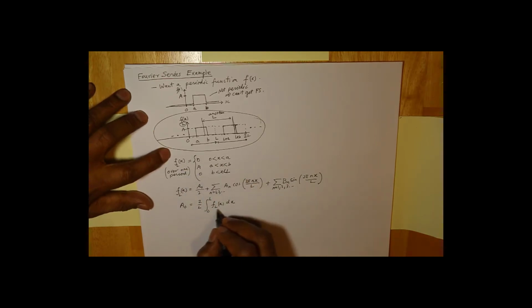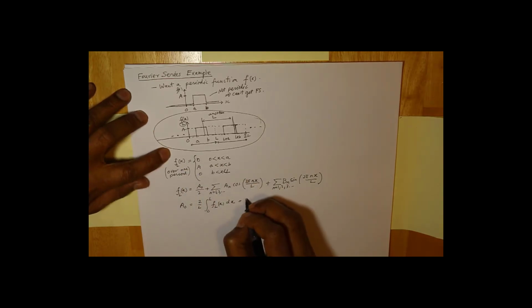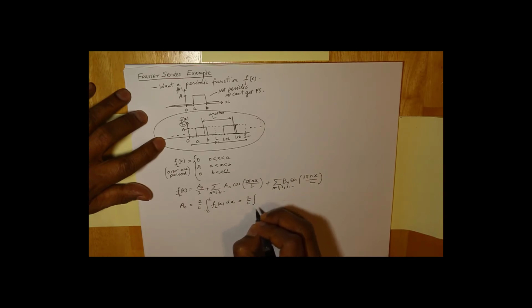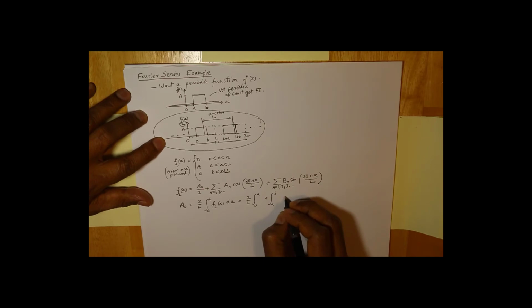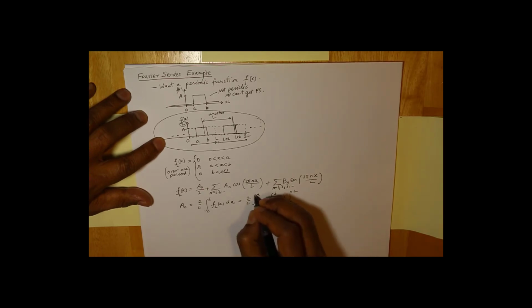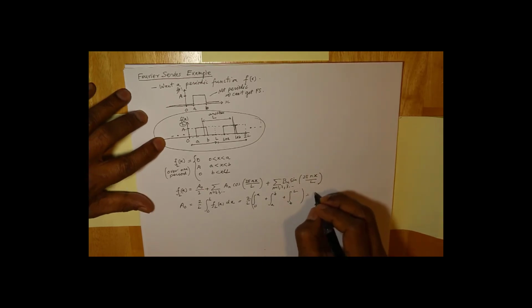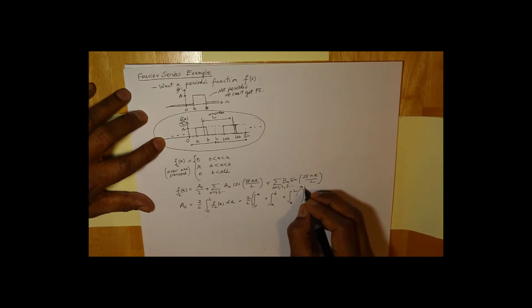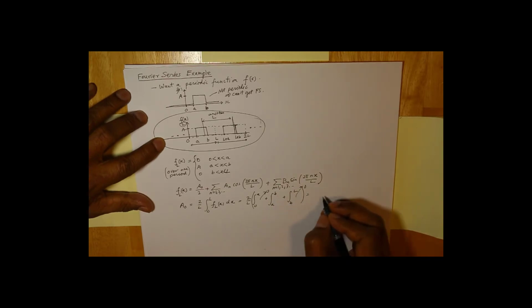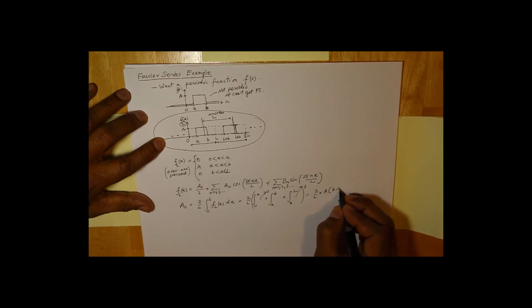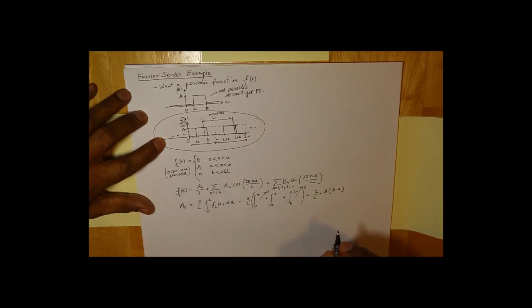And we have the function which is piecewise, so this will break up into pieces: 0 to a, a to b, and b to L. So this is going to break up like that, and this will give me 0, and this will be 0, and this will be simply A times (b minus a). So 2 over L times A times (b minus a). So we got a0 is that.